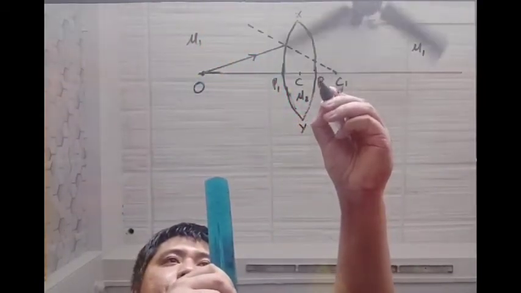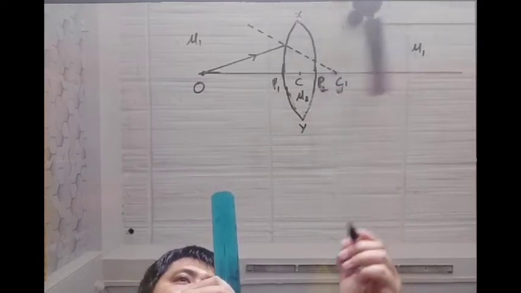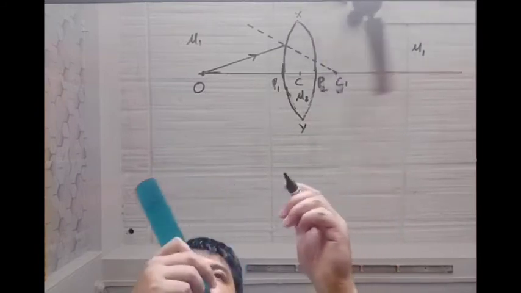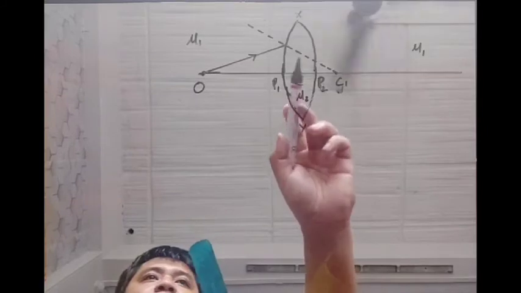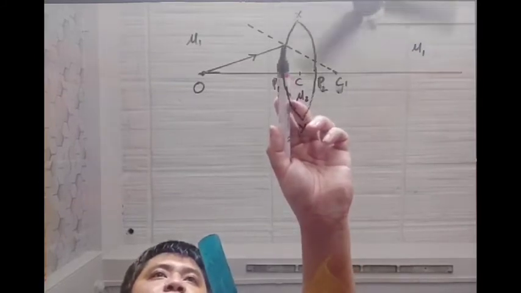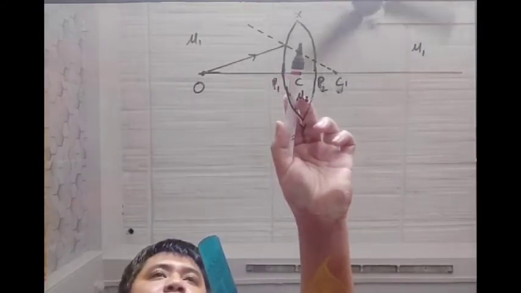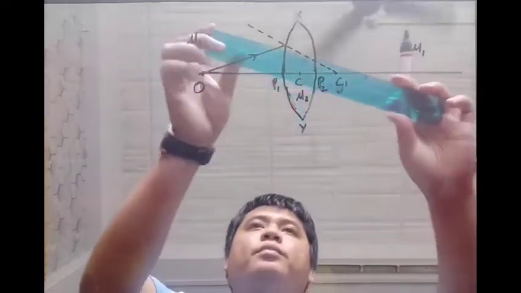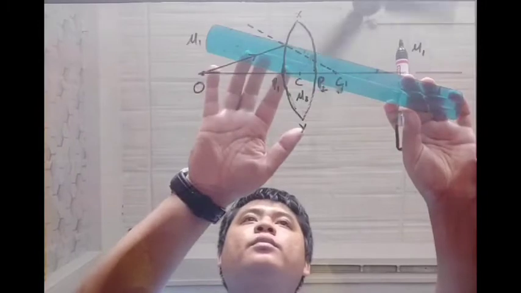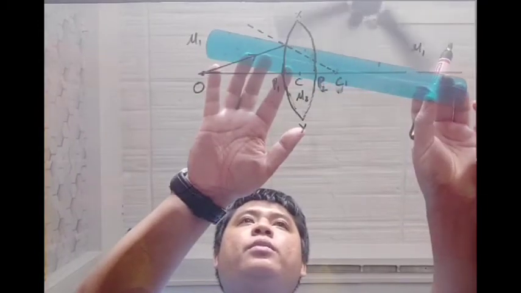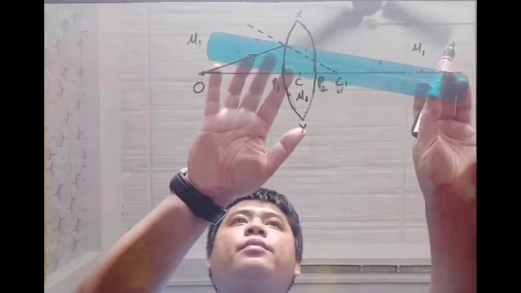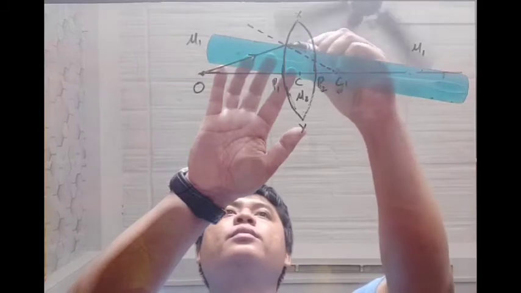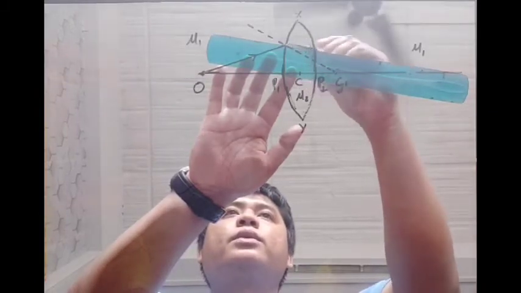This is P2. This is C1, and at the interface, this is the rarer medium and this is the denser medium. It bends towards the normal.